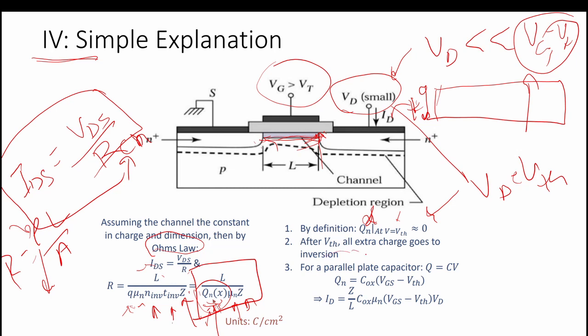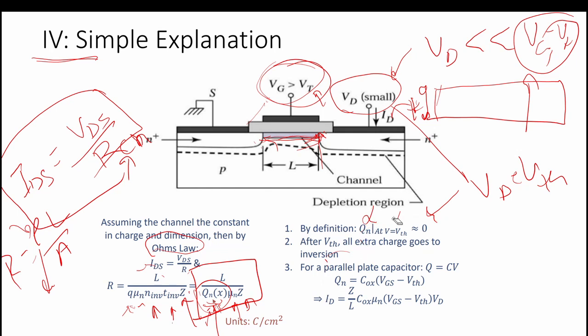After Vth, the extra charge goes to the inversion. Till we apply Vg less than Vt, there won't be any inversion. But after applying a voltage greater than the threshold voltage at the gate, there will be an inversion of the charge that we have already seen.